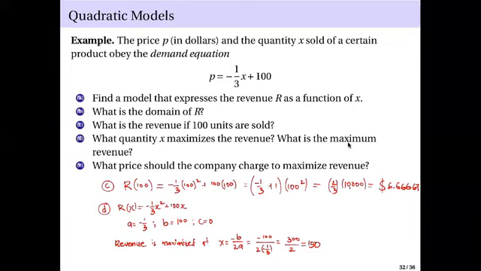Okay? So this revenue here will be maximized if you sold 150 units.